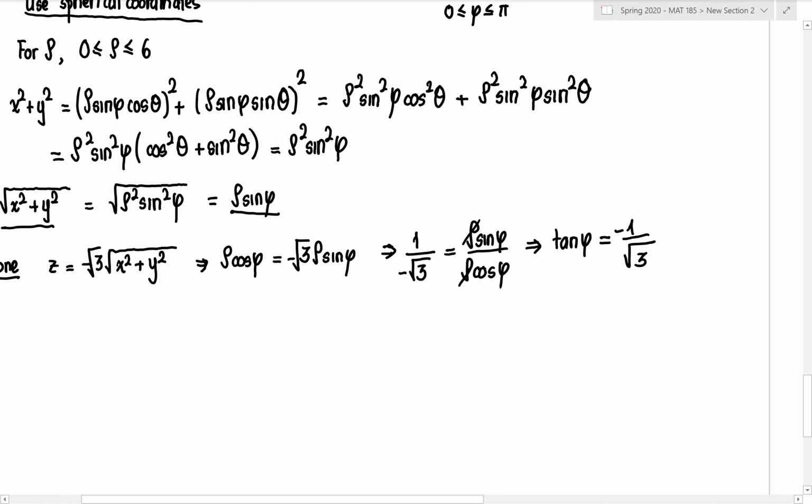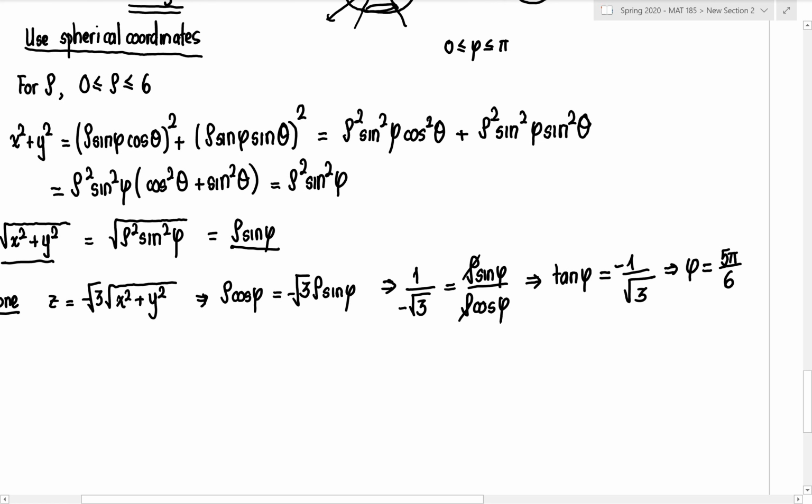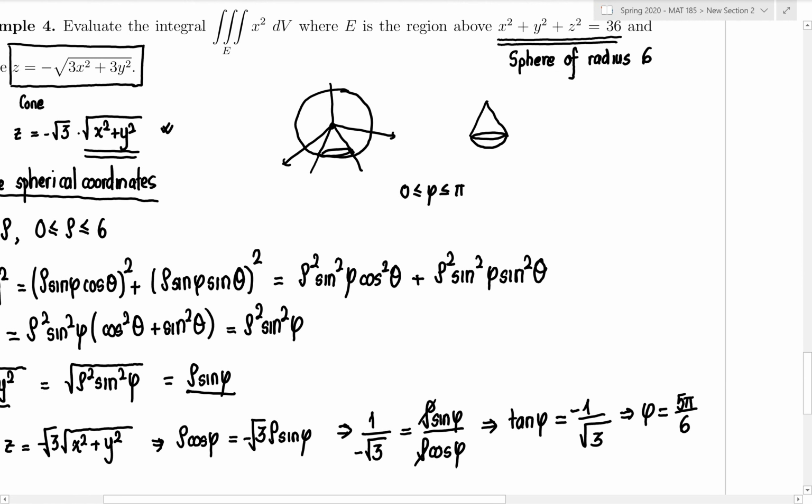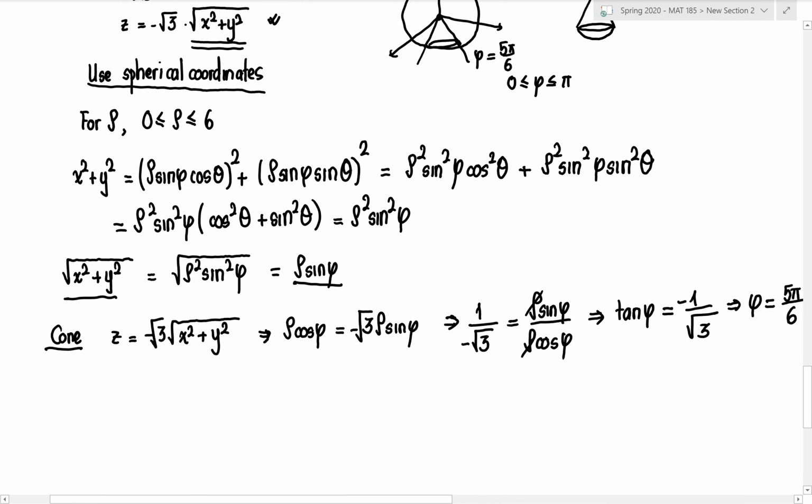The angle for which tangent of phi is equal to negative 1 over radical 3 is phi equal to 5 pi over 6. So this cone that we're looking at in spherical coordinates is given by phi equal to 5 pi over 6.